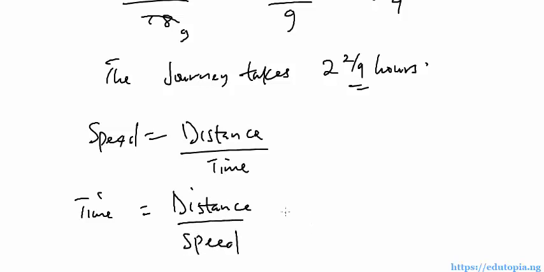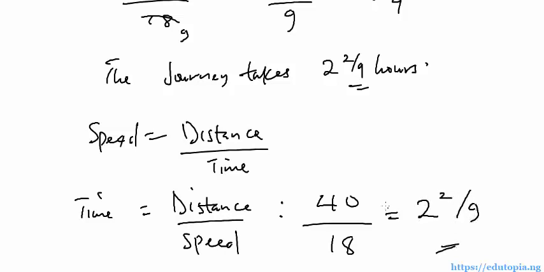Now when you substitute the values we were given, distance is 40 and speed is 18, which is equal to 2 2/9 hours. So as you can see, we still got the same answer.